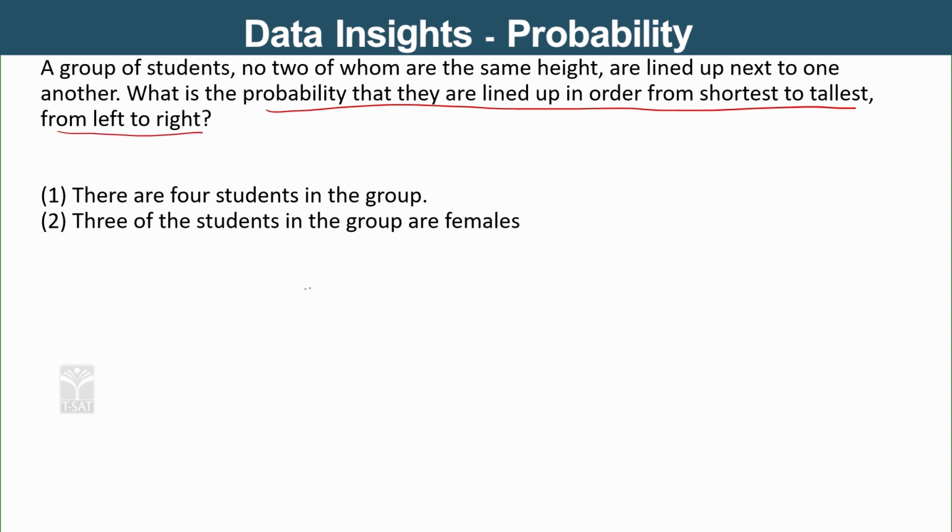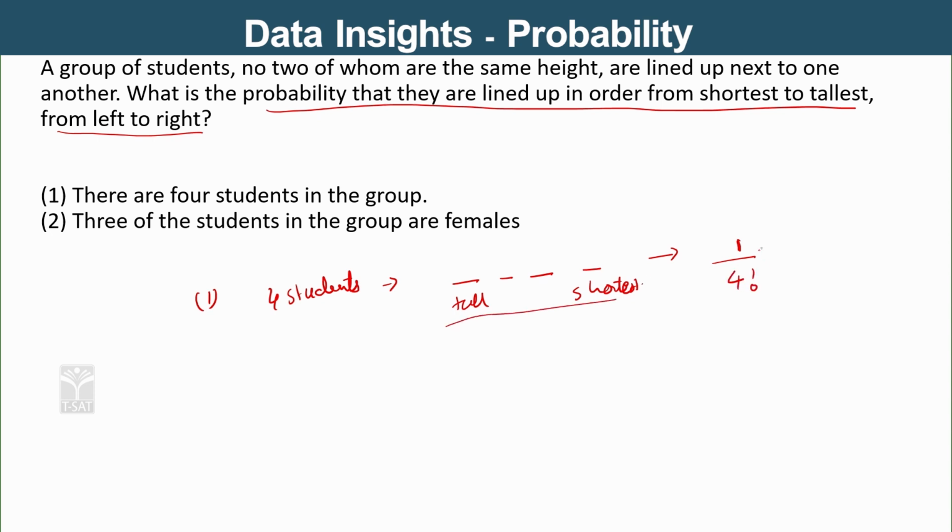Okay. We need to find the probability that they are lined up in order from shortest to tallest from left to right. So, the first statement says there are 4 students in the group. So, 4 students, you have 4 places, 1, 2, 3, 4, left to right, and you want shortest to tallest. The way that you can arrange them in such a way is only one way. The total number of ways that 4 students can be arranged in 4 places will be 4 factorial ways.